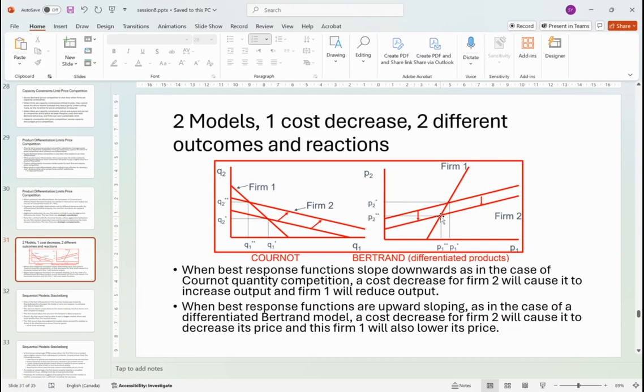As you can see, under the new equilibrium, the price drops for both firms, right? So they are moving in the same direction. So this is how the Cournot model would be different from the Bertrand differentiated product model.